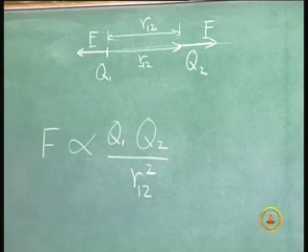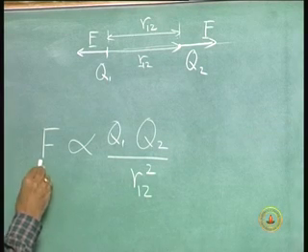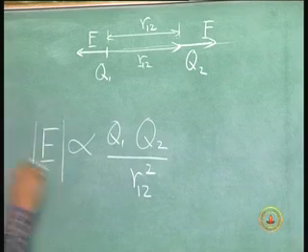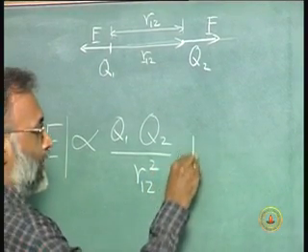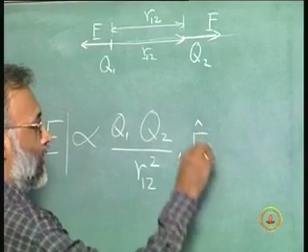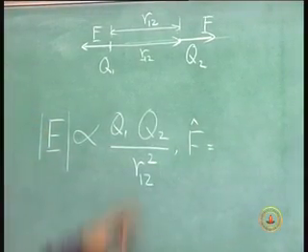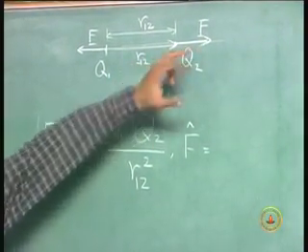This is a force, and forces are vectors, which means that this is the magnitude of the force. The force also has a direction, and the direction of the force is given by the direction of R12.